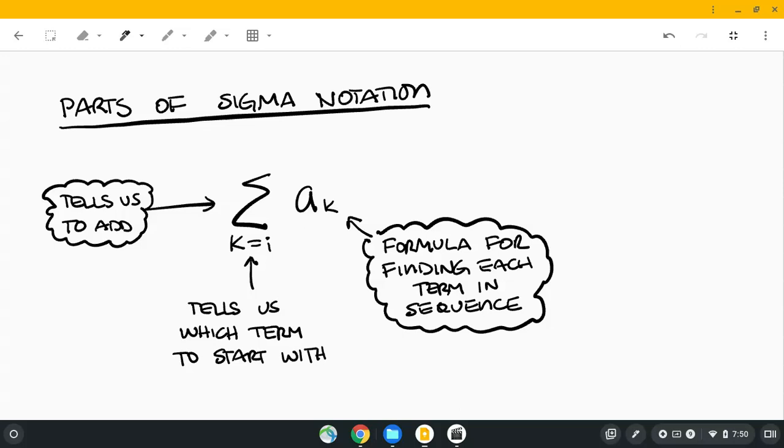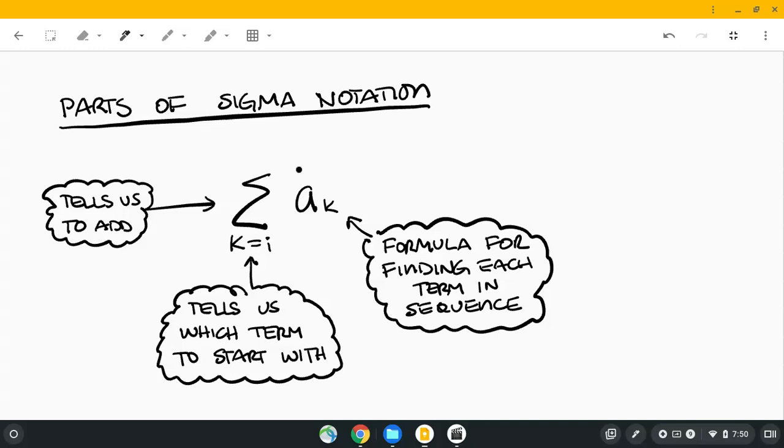If it is 1, then you're going to find the sum of the first whatever terms, and you start with the first term. If it says k equals 2, then you're going to start with the second term and add it all the way up. If this is a 5, then you're going to start with the 5th term. So this tells us which term we're going to start our sum with.